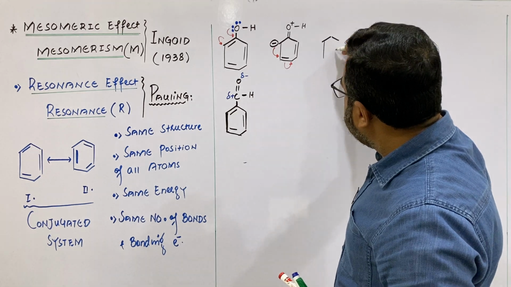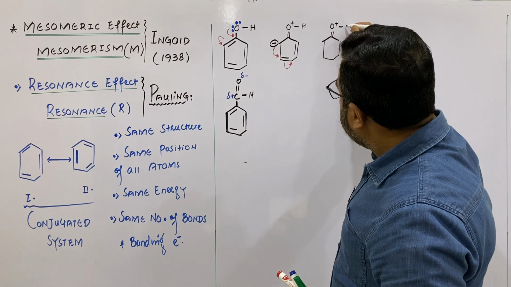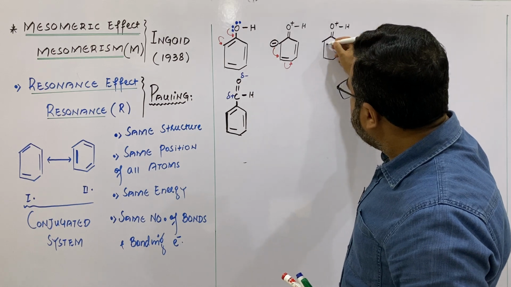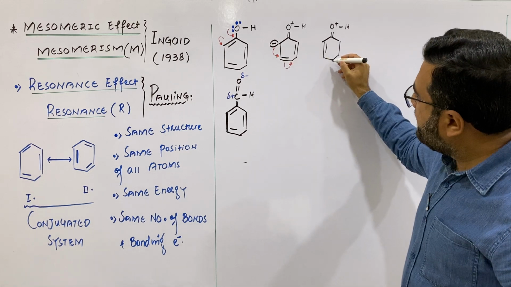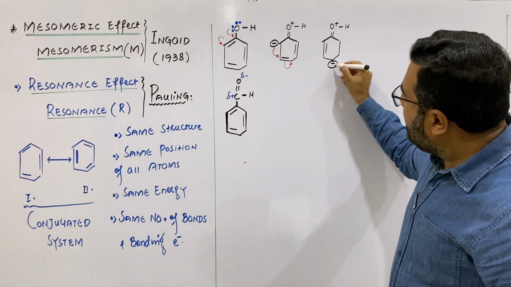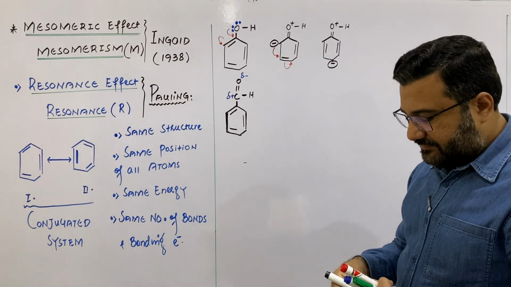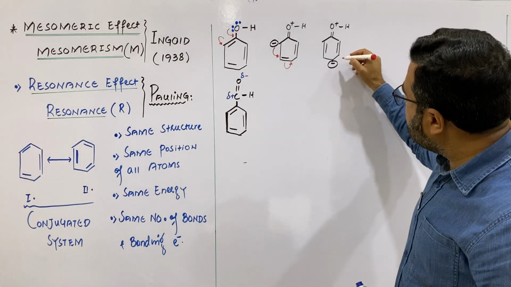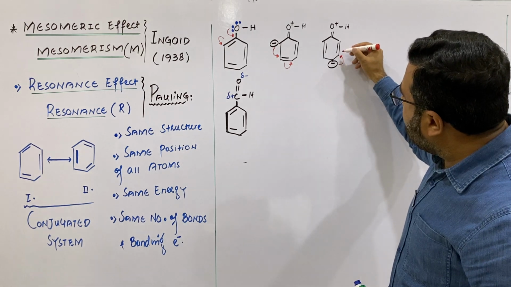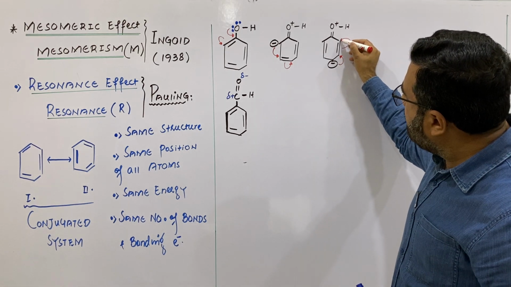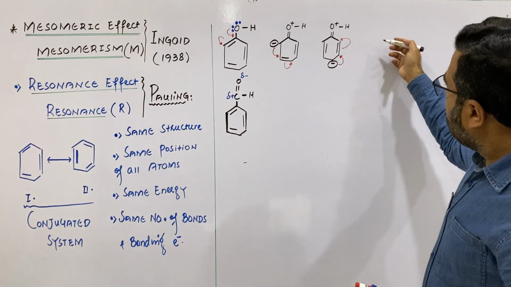The structure will change to something like this: double bond O, H. Here will be the double bond O due to the shifting of this negative charge. This carbon will become negative and this bond will remain unchanged. Now again, the carbon will like to throw its burden to the next carbon. It can form only four bonds, so it will have to move its pi bond to the next carbon. What will happen?